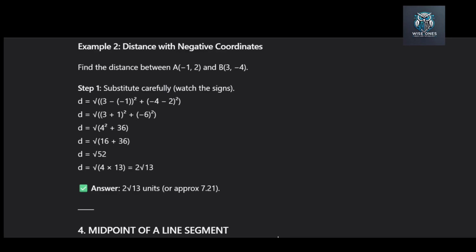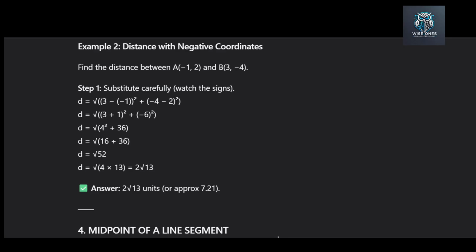Now simplify the subtractions. Remember, minus a negative becomes plus. So 3 minus -1 is 3 plus 1, which is 4. -4 minus 2 is -6. So now we have d equals the square root of (4 squared plus (-6) squared).